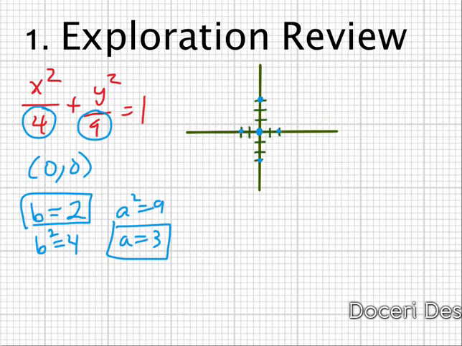Now that I have my co-vertices, we're going to draw a box around these 4 vertices that connects each one of them. So here's my left side, here's my right side, and bottom, and here's the top portion. So my ellipse goes inside this imaginary box that we can't see.